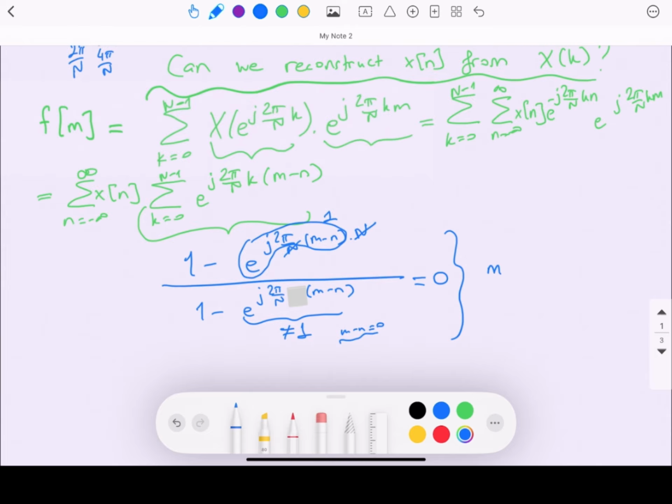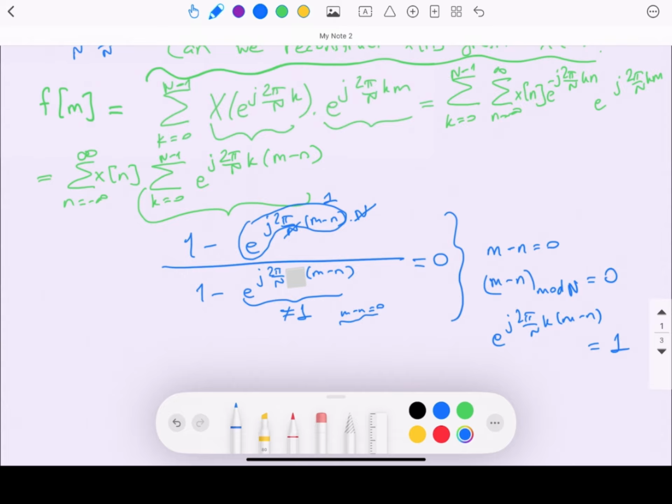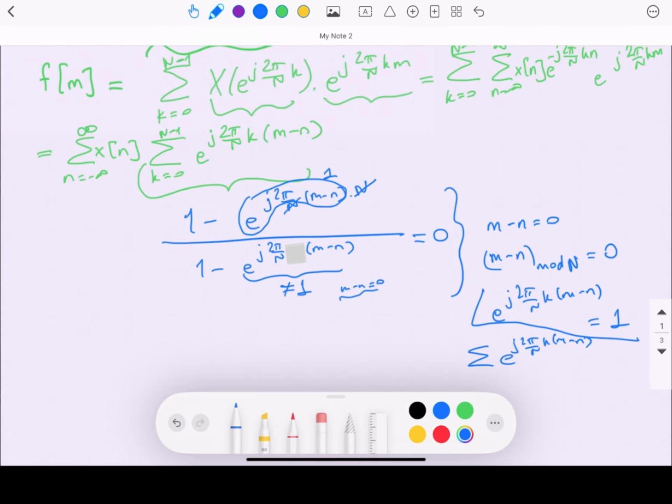However, if m minus n mod N is 0, then e to the j 2 pi over N k m minus n is equal to 1 for all k. Therefore, this summation is equal to N, since we are summing up N terms.